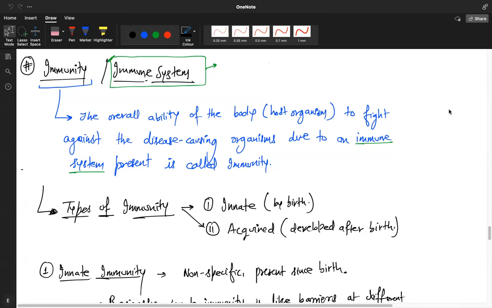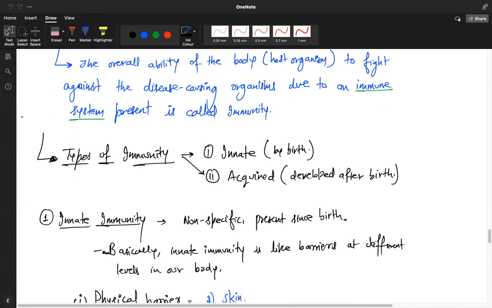So we started with immunity, the immune system. It is basically the overall ability of the body to fight against disease-causing organisms, conferred by the immune system, called immunity. Then there are various structures, layers, and cells organized in our body to defend against pathogens.